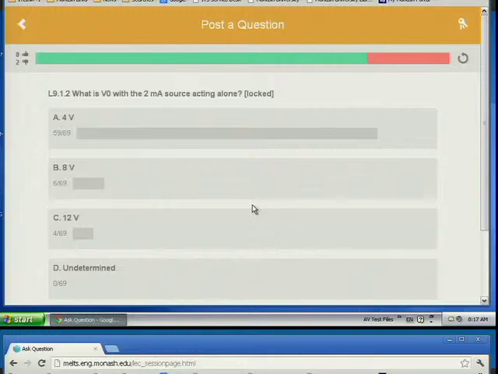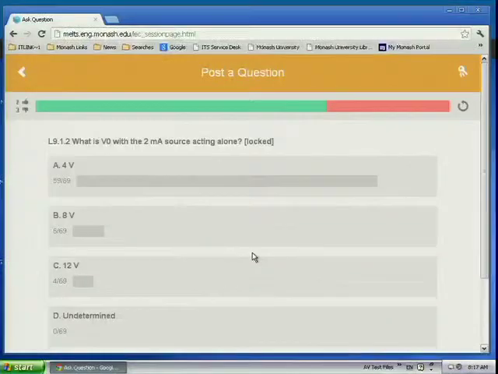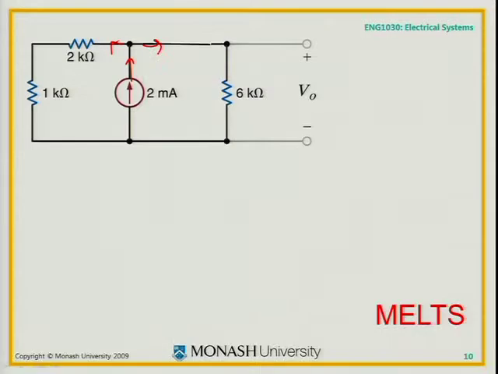So a lot of people think 4 volts. 60 out of 70 people think 4 volts. So let's just check. As I said, you've got 2 milliamps coming up here, can split that way or that way. That's a current divider. If I wanted to know that current there, it will be the 2 milliamps times, how's it going to split?